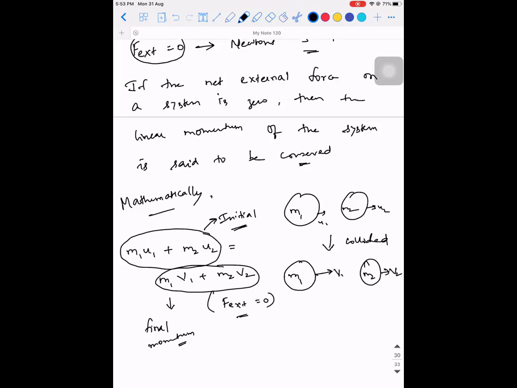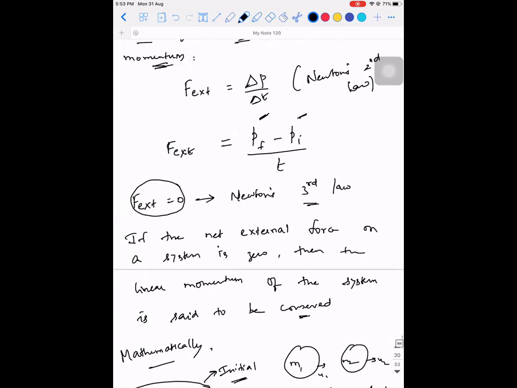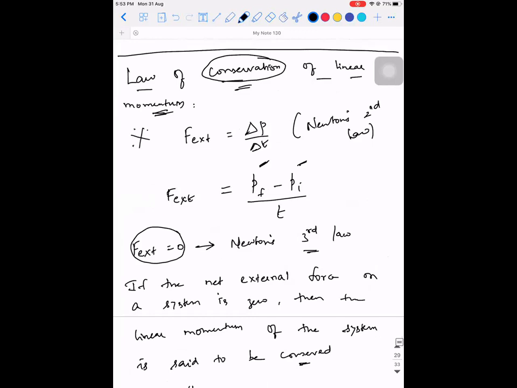How many particles? It's a 2-particle system. M1 and M2 are 2 particles, so it's a 2-particle system. Is that clear? So this is also a very, very important concept. You need to understand all these basics for you to understand the remaining parts of derivations.